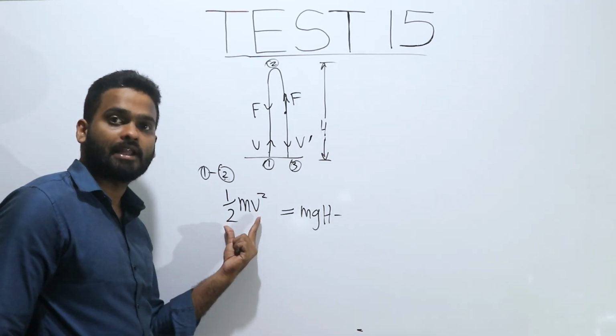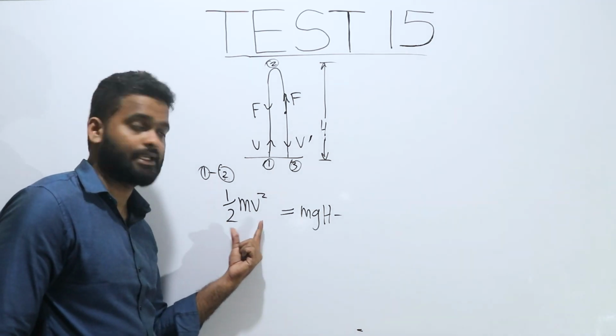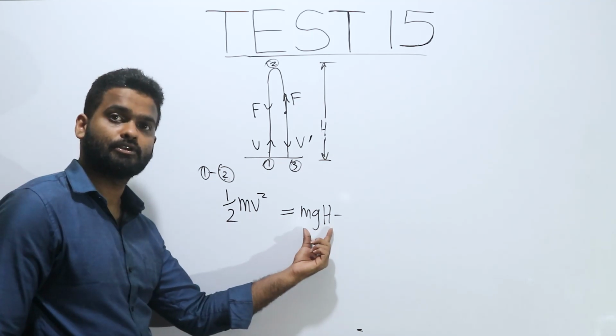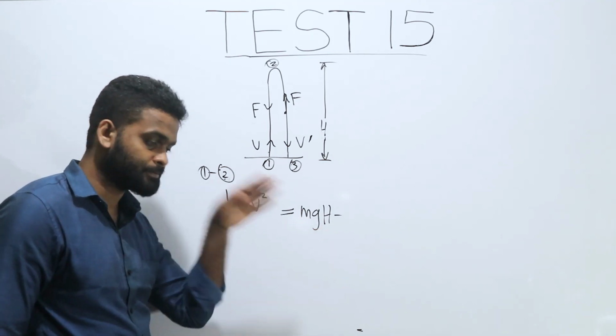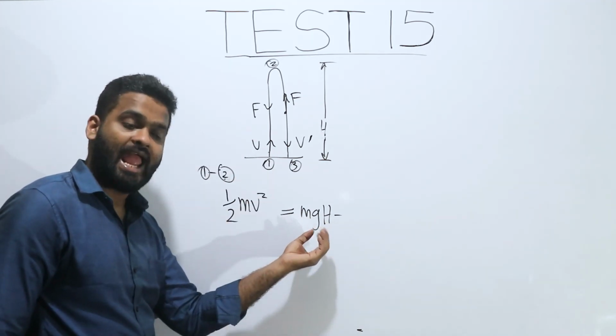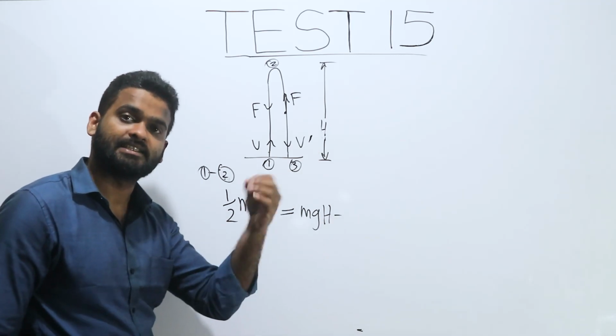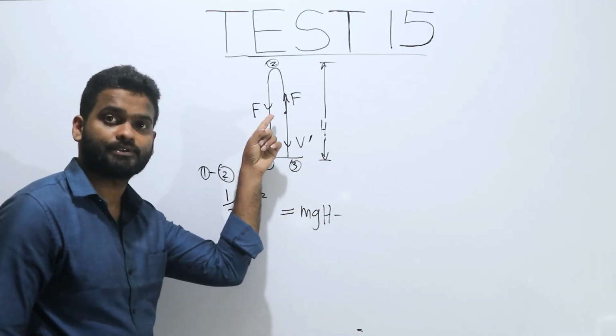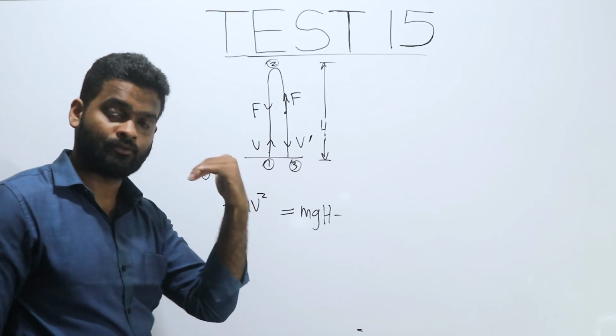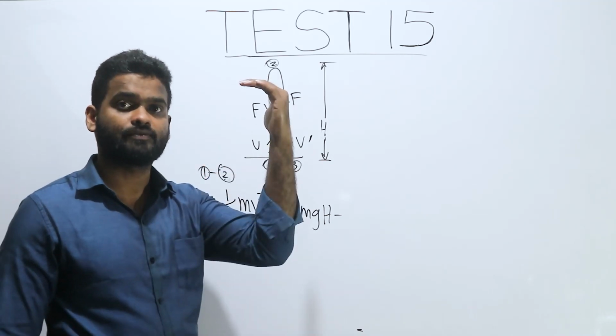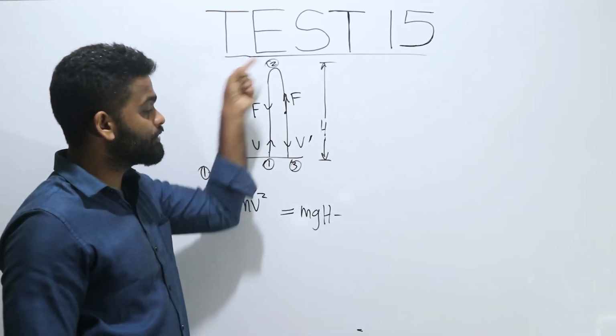Part of this kinetic energy, the total energy given, is consumed to increase the potential energy, and the other part is consumed by the resistive force. That is work done against the resistive force to go from here to here.